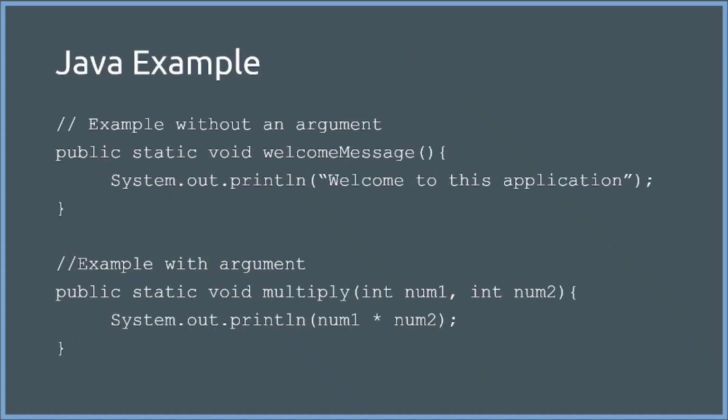When we look at this using actual Java code, you can see that it doesn't overly change. It actually looks like your main method when we've been doing all our other code, but the name of the method has changed. So in this case we've got welcomeMessage, and in this case we've got multiply.